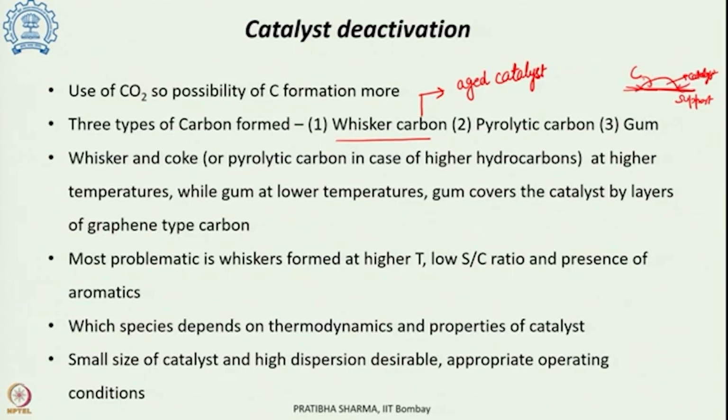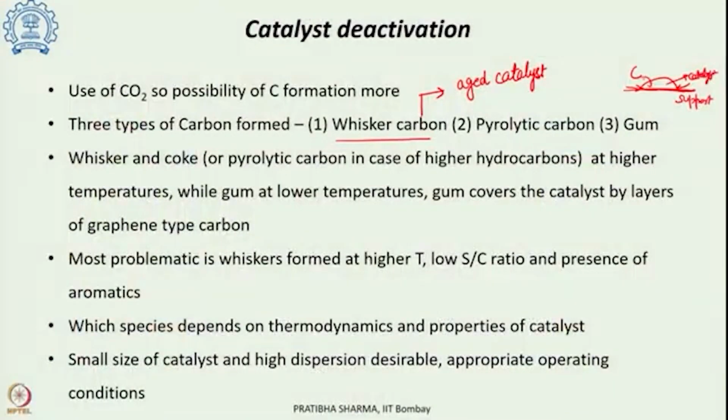So, the catalyst is lifted from the support. There is a breakage of catalyst that will happen, and that will also block the catalytic bed as the catalyst is removed from the support. And this is the most problematic form of carbon formed in the dry reforming of methane.